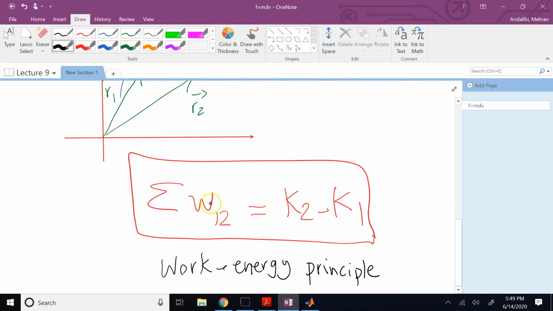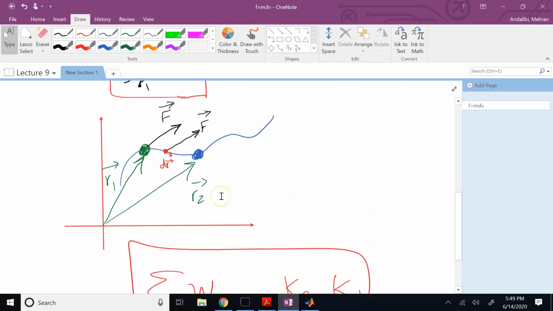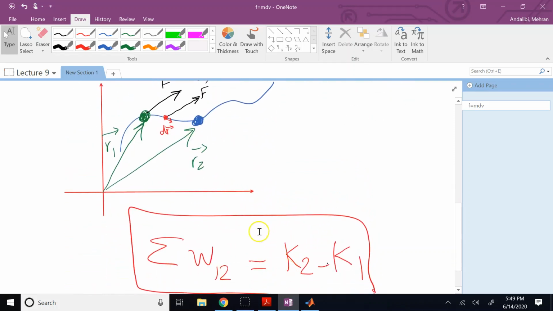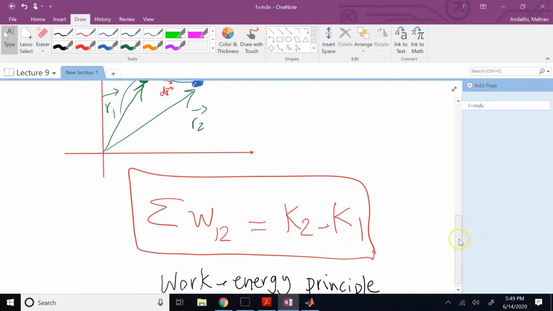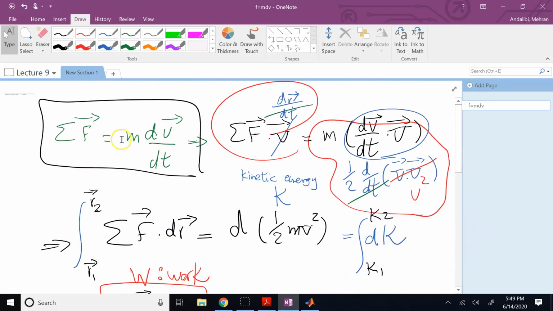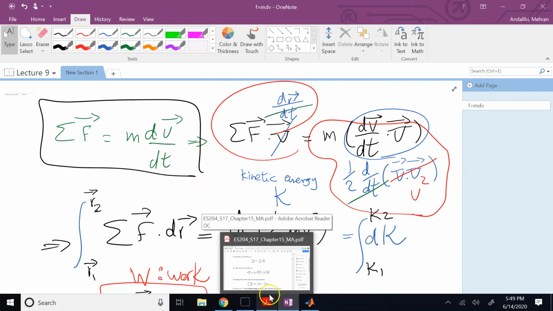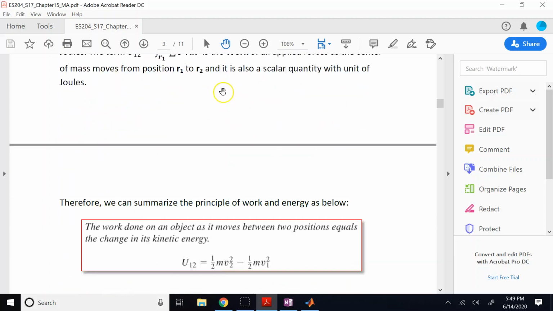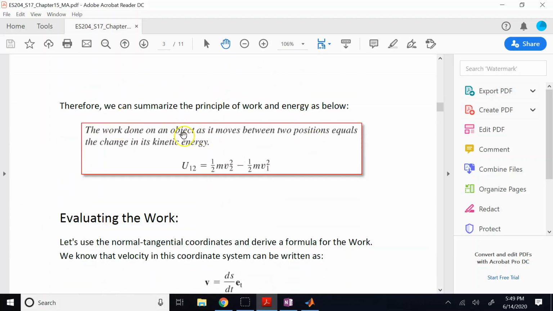Kinetic energy is a scalar, and work, since it's a dot product of two vectors, is a scalar itself. So here we are all dealing with scalars, work and energy. Here we are dealing with vectors, force and acceleration. And you know scalars are typically much easier to work with than vectors.